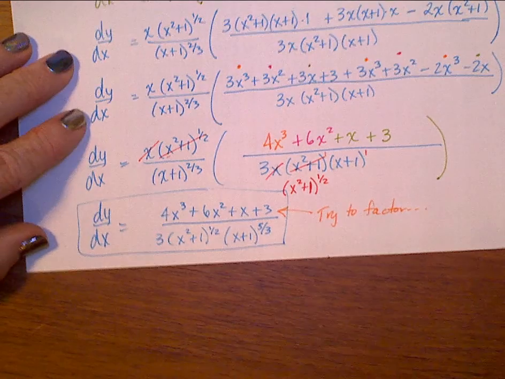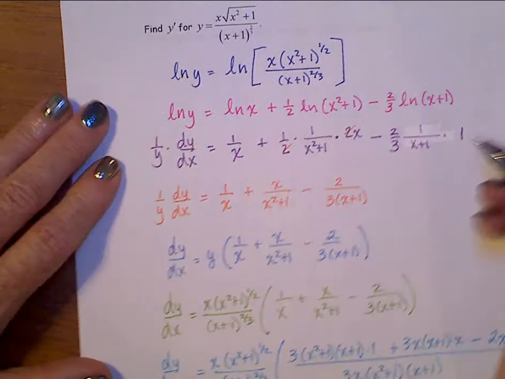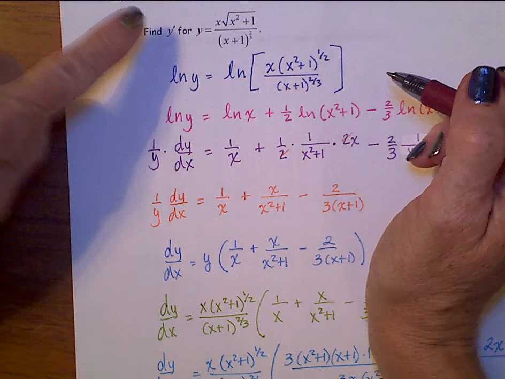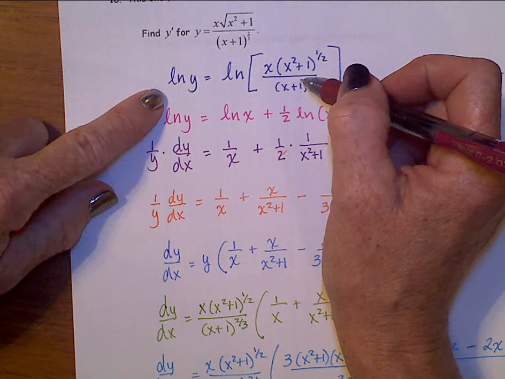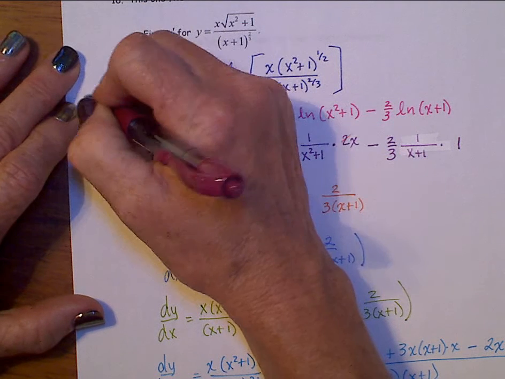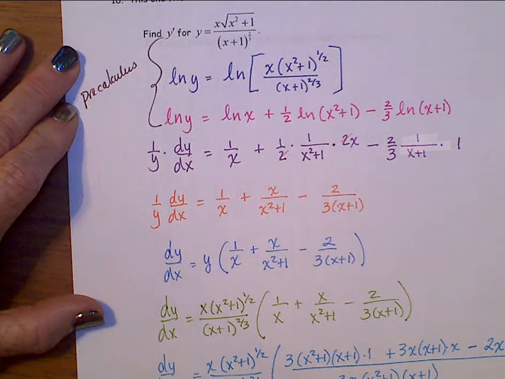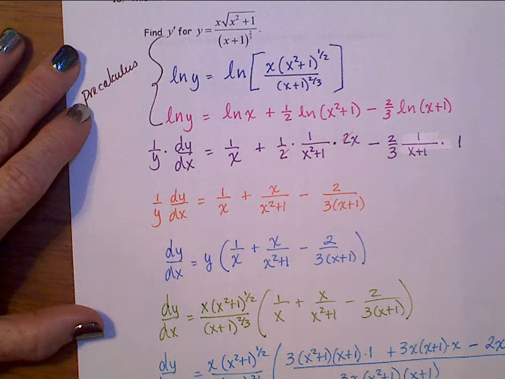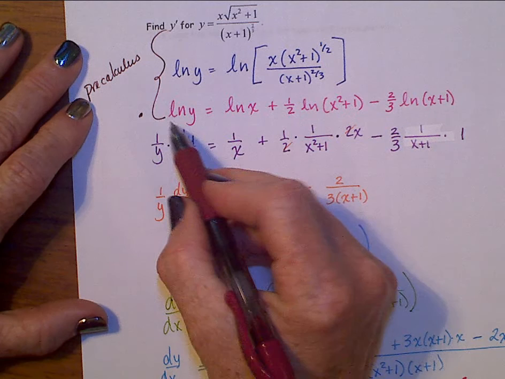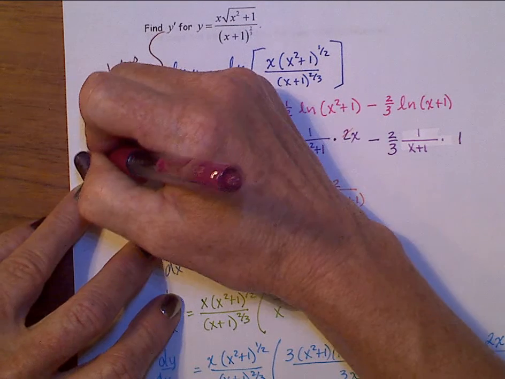All right. Let's go back and identify everything that happened here. From the beginning to this step, that's all your pre-calculus. Going from this step to that one right there, that's calculus.